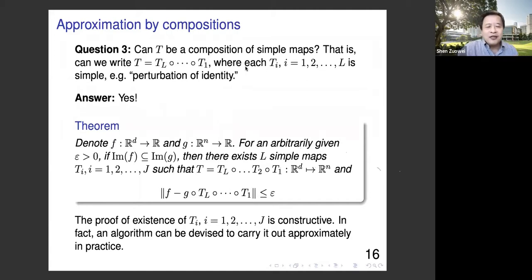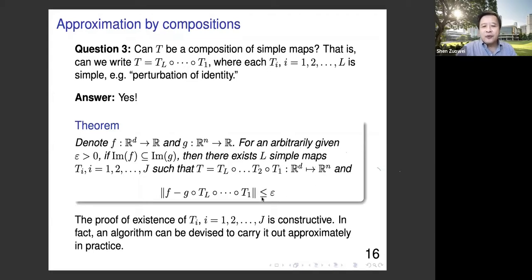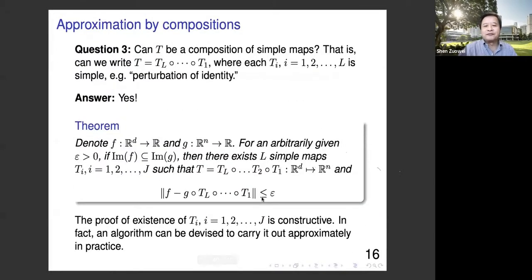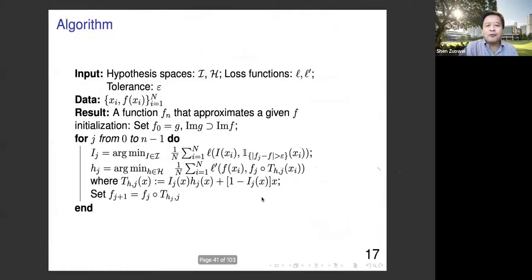By simple I mean something close to the identity, a perturbation of the identity, like a projection, such that we can learn each Ti. Not only can we do this, we also have an algorithm to do it. The algorithm is very simple, and I don't want to bother you too much about it.